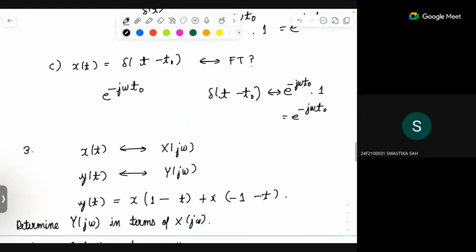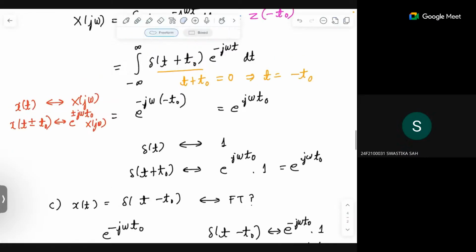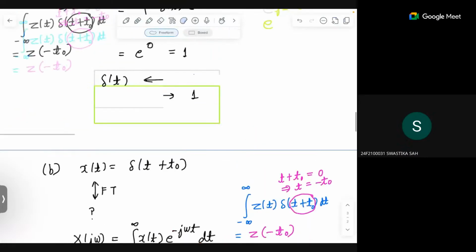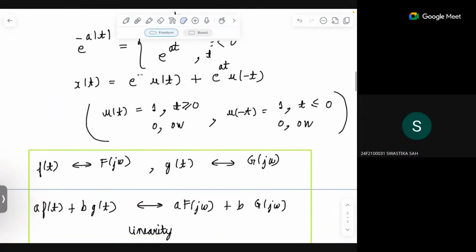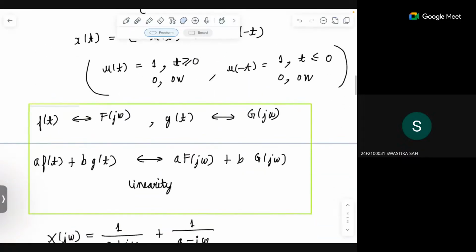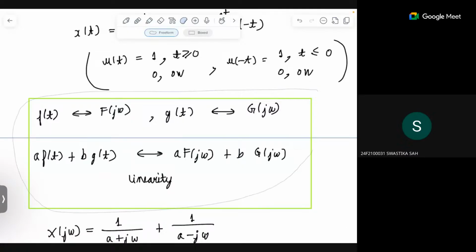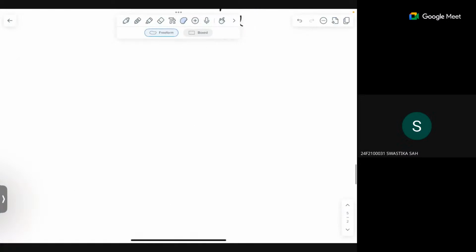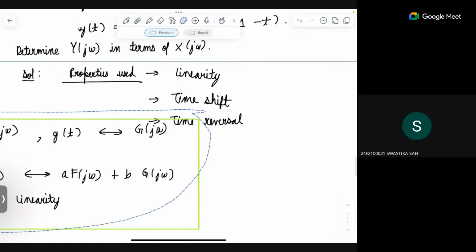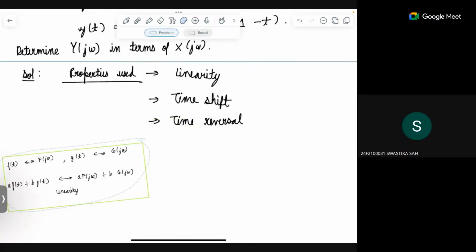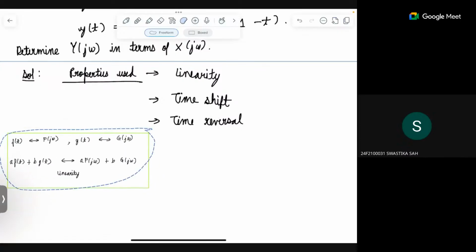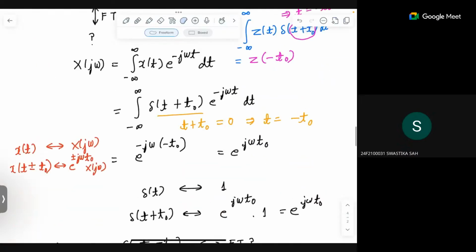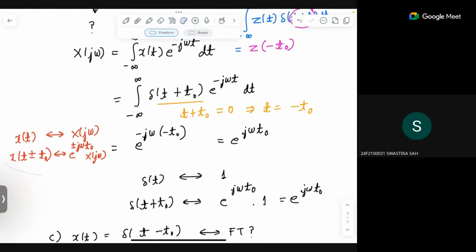Time shift also I wrote down. I can copy paste it once more for you. Yeah, this one. This is the linearity property and this is the time shift property.